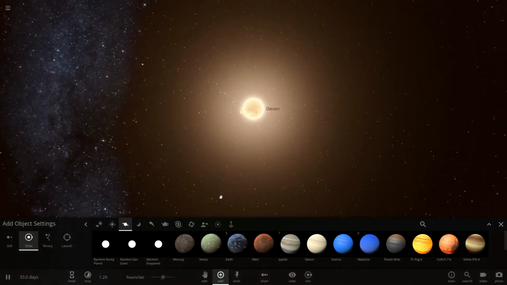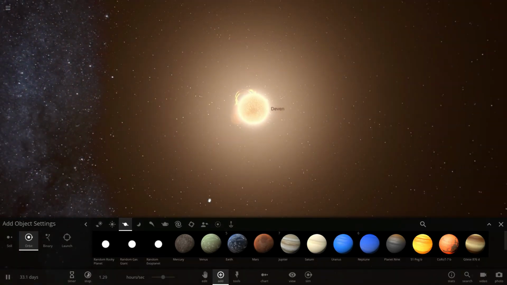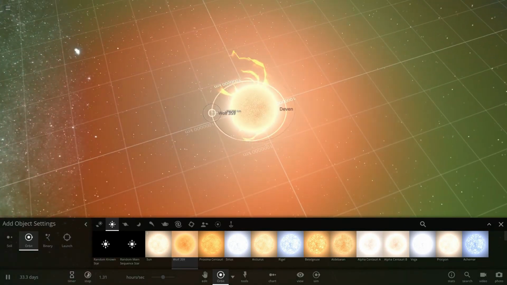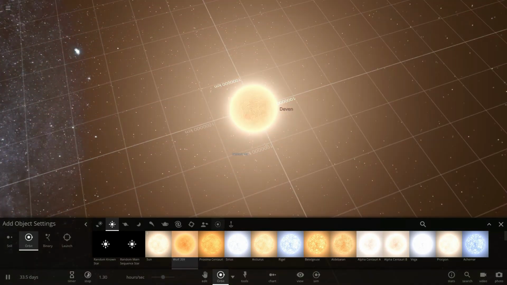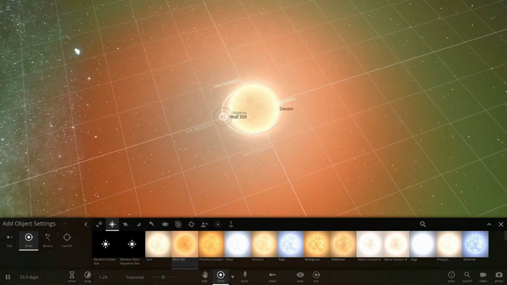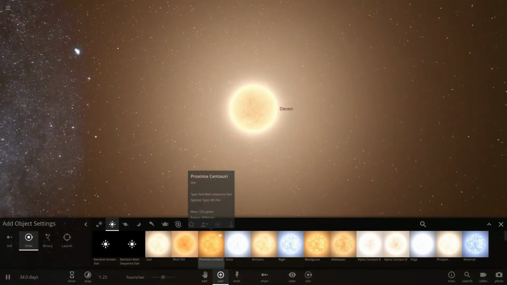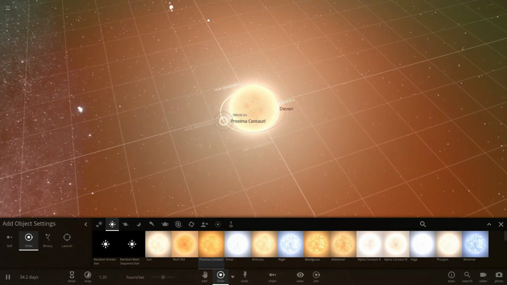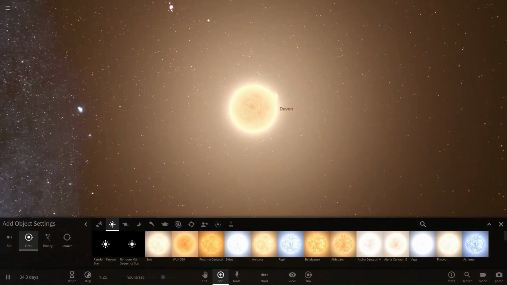So, because orange dwarfs are bigger than red dwarfs, if I get Wolf 359, look at that. Wolf 359 is an M6.5. So it's in between an M7 and M6. But Proxima Centauri, again, very small red dwarfs. So red dwarfs are just tiny.